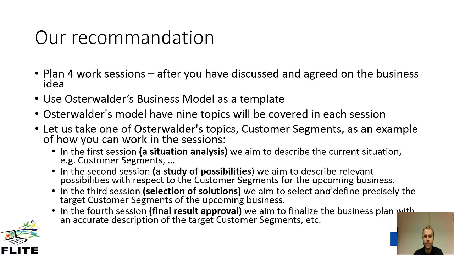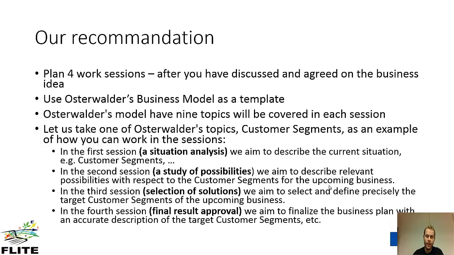In the third session, we take some solutions. Then we decide, okay, the customer segments might be like this or like that. There are many possibilities, but we should find which ones we should follow. And of course, the decisions we take regarding customer segments will also affect the other topics in the Osterwalder model. So in this way, we work with all the 9 topics through 4 sessions, and in the last session we should finalize our product.